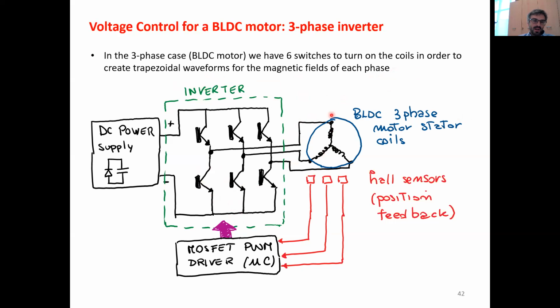And to do the switching, we need to know the position of the rotor of the motor. So again, remember the Hall sensors, we achieve the position feedback of the rotor. And a microcontroller implements the PWM modulation to determine the triggering instants of all the switches in order to achieve the rotating field.